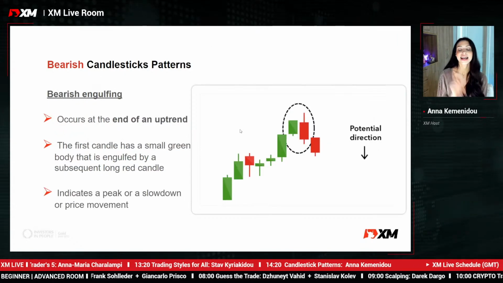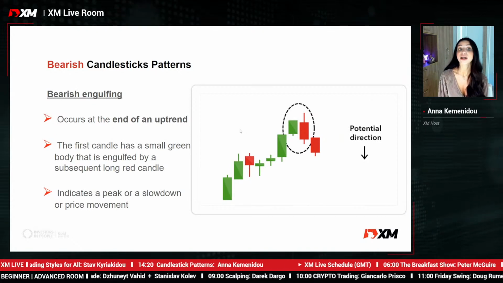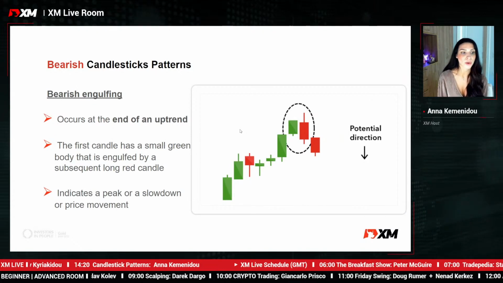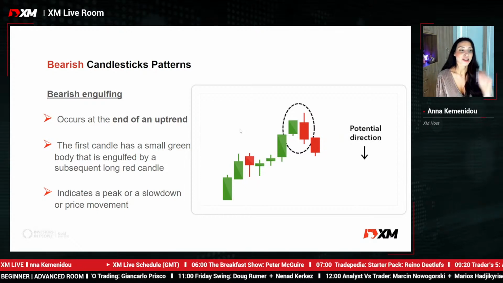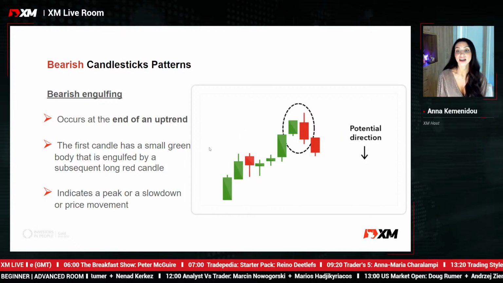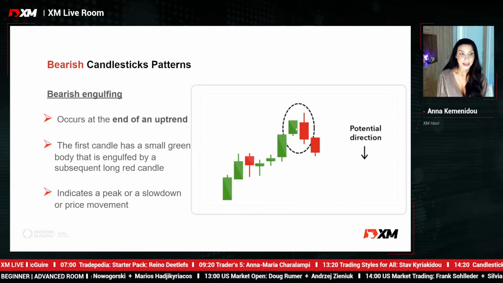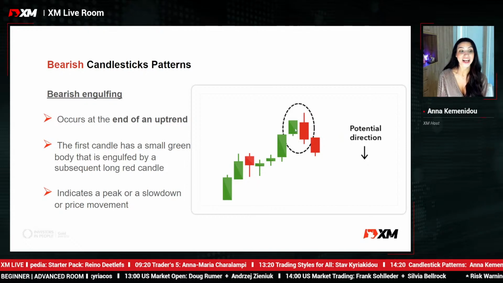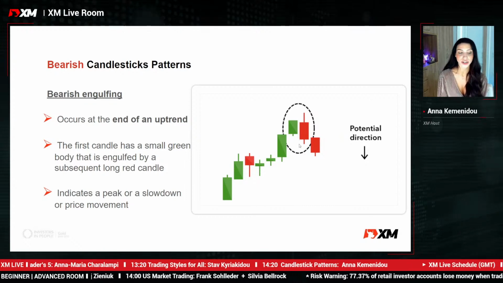Bearish engulfing. And guys, according to trading experts, this is a very reliable bearish candlestick pattern that everybody should be aware of. So keep an eye out here. Again, the bearish engulfing pattern occurs at the end of an uptrend. Once again, the first candle, as you see, is a small green body that is engulfed by a subsequent long red candle, as you see right here in the image.